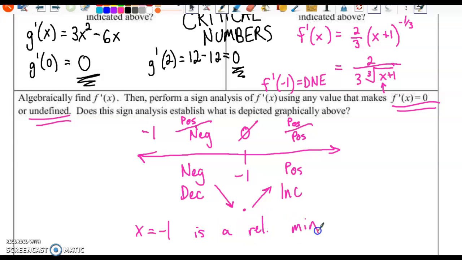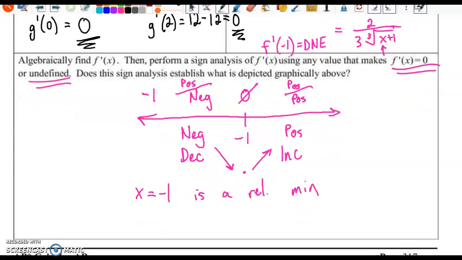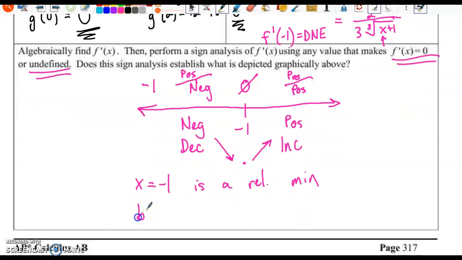Why? Let's put a quick because here. f prime of x changes from negative to positive.